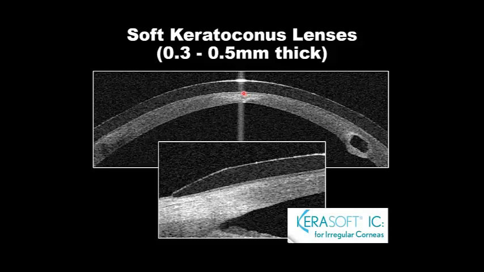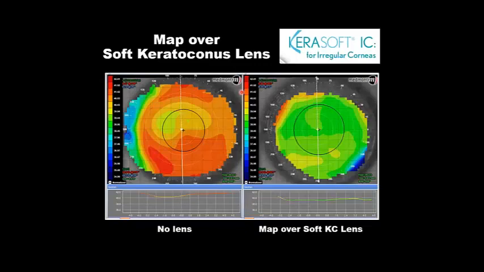If you consider that a standard soft lens is about 0.06 millimeters thick, or 60 microns, a Kerasoft might be 300 microns or 400 microns or more. And you can see its ability to mask what's there.